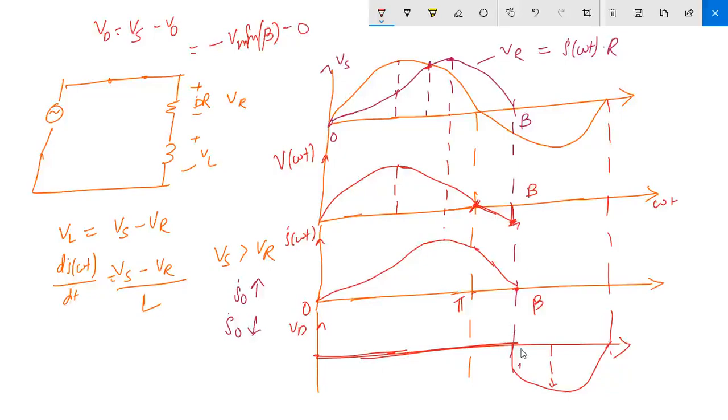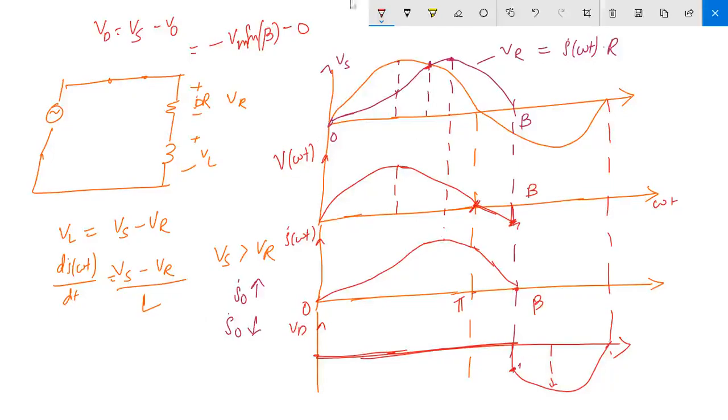So this voltage is Vm minus Vm sine beta. Okay, so this is the waveform which you are going to get.